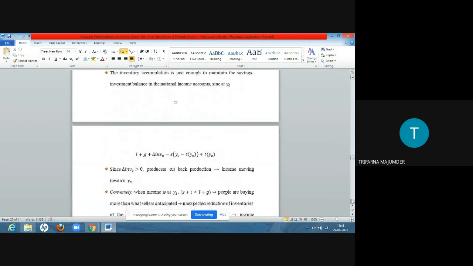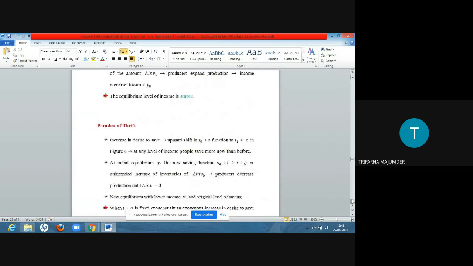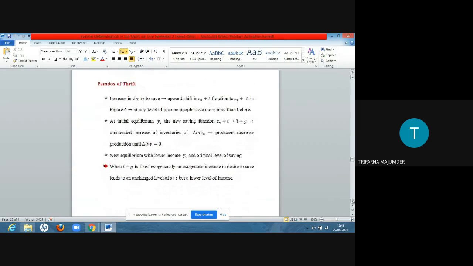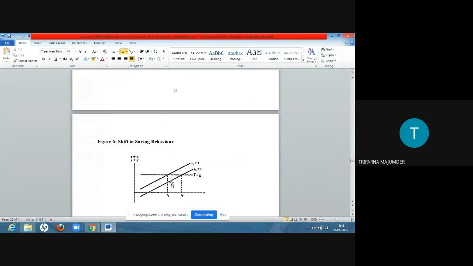Now we move on to another very important concept, which is the paradox of thrift. Now, an increase in the desire to save will automatically shift the savings plus taxes function upward.